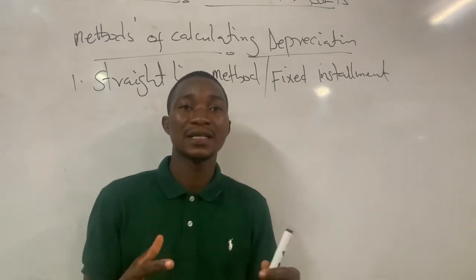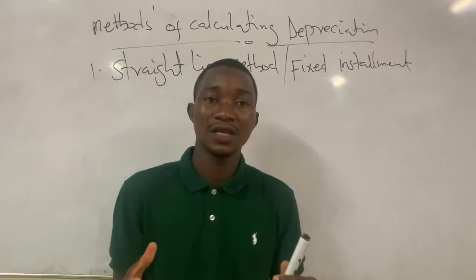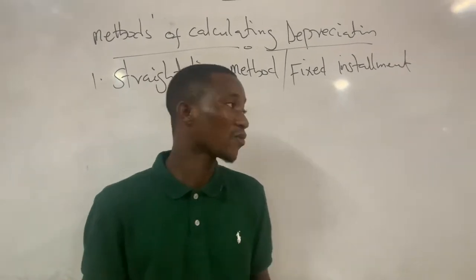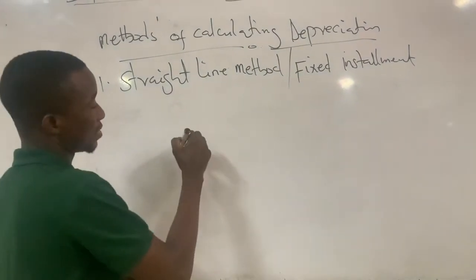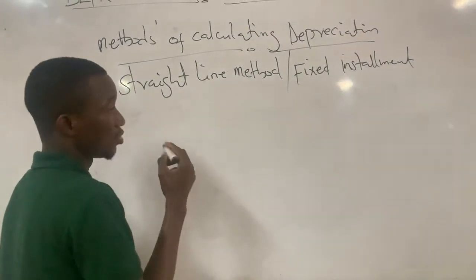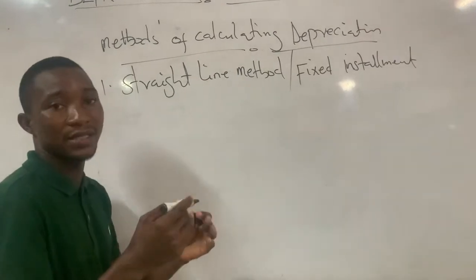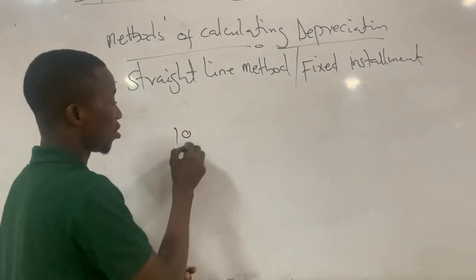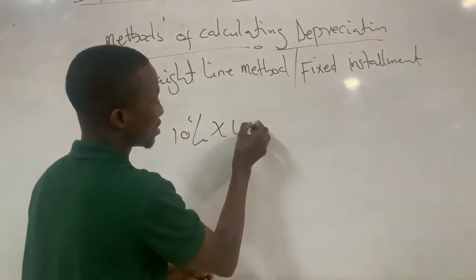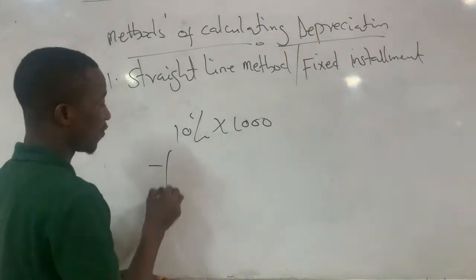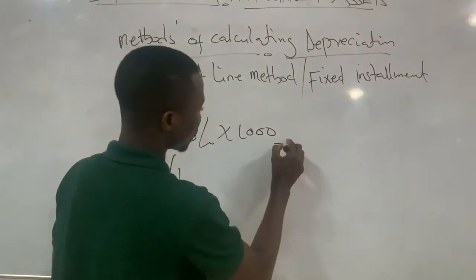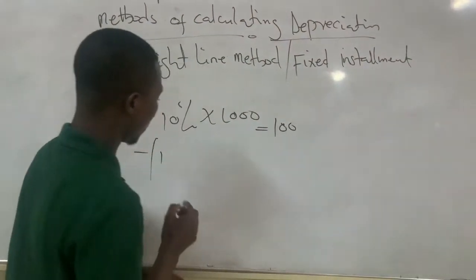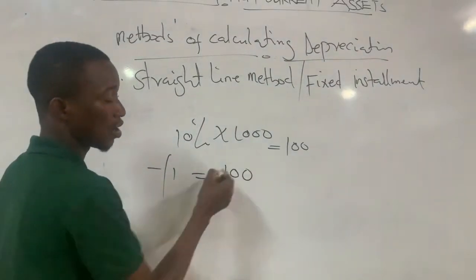So when the asset is going to be in the business for about 5 years, and let's say the cost of the asset is $1,000, and we are to calculate 10% depreciation. So that is $1,000. For the first year, the depreciation will be 100.